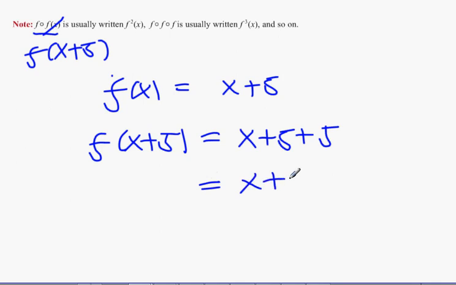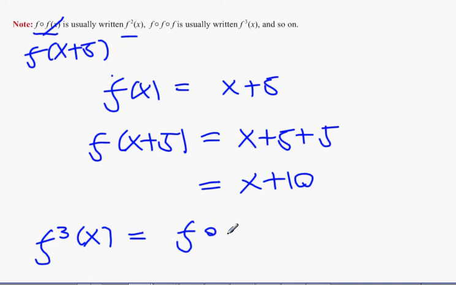Is everybody happy with that? That's also known as f2 of x. Now guys, how would I get f3 of x? Can anybody tell me? f3 of x would be f of f2 of x. Do you understand? It means do the f of x function 3 times. We already have the answer for it when it's done twice.